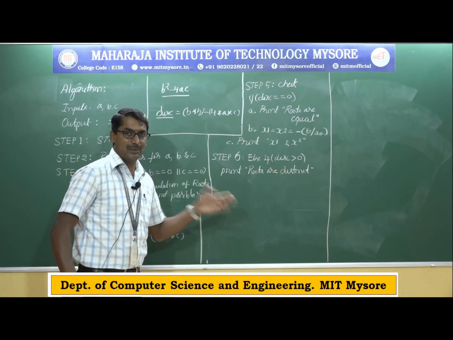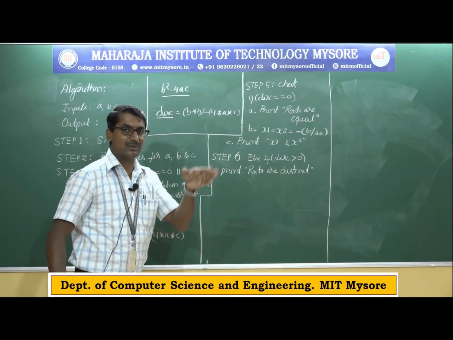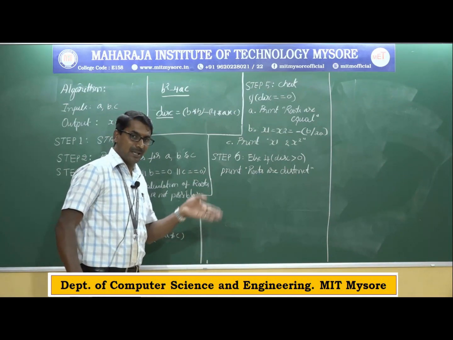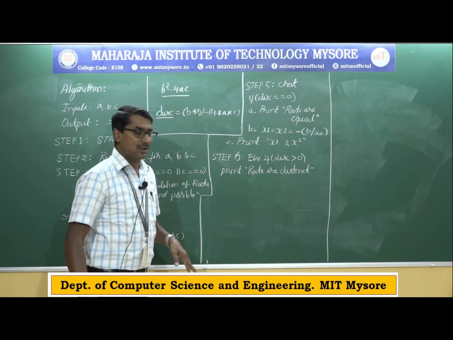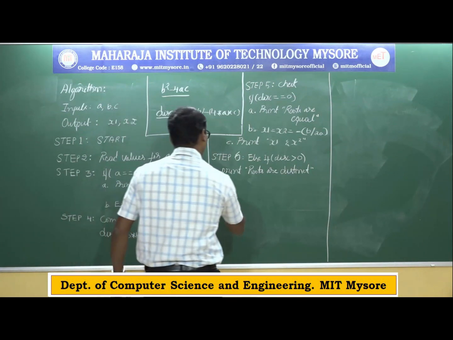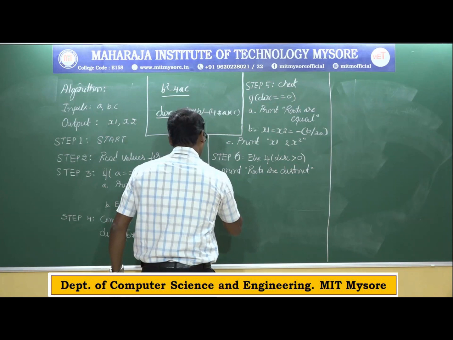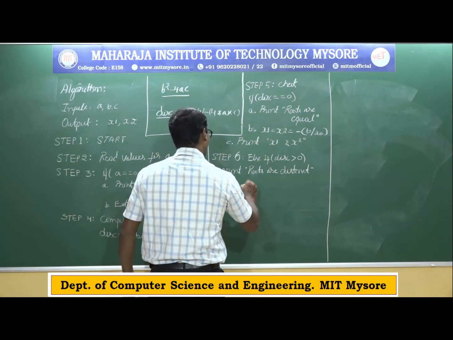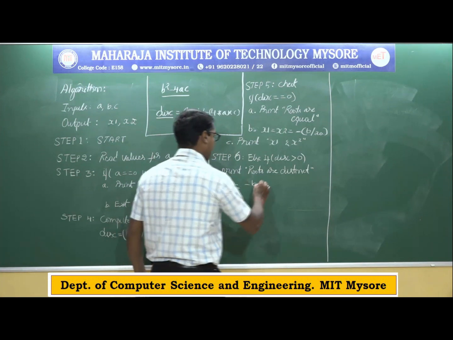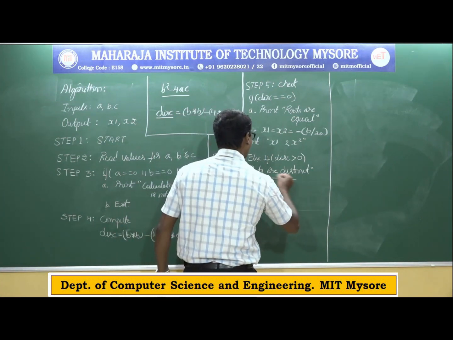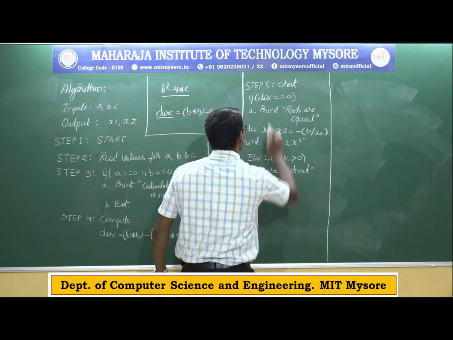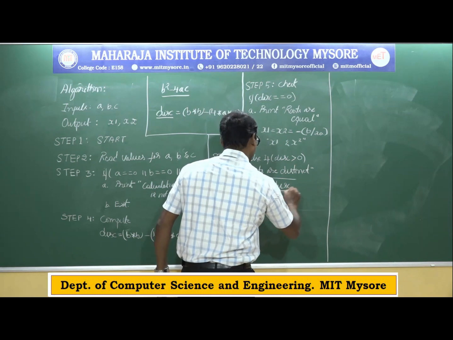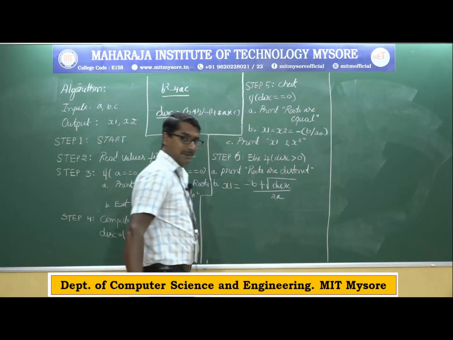So, x1 is equal to minus b plus square root of b square minus 4ac divided by 2a, and x2 is equal to minus b minus square root of b square minus 4ac divided by 2a. Here, x1 is equal to minus b plus square root of the discriminant I have calculated, divided by 2a.